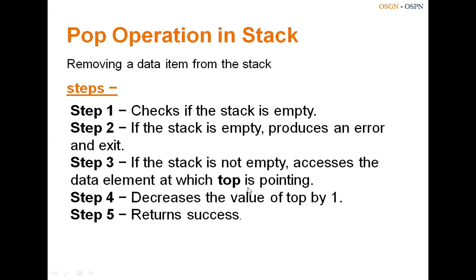You remove that. You take that element into some other variable and print the message that this is deleted. And then you just decrement the top value by 1. Then in step 5, return success. So these are the steps of pop operation.